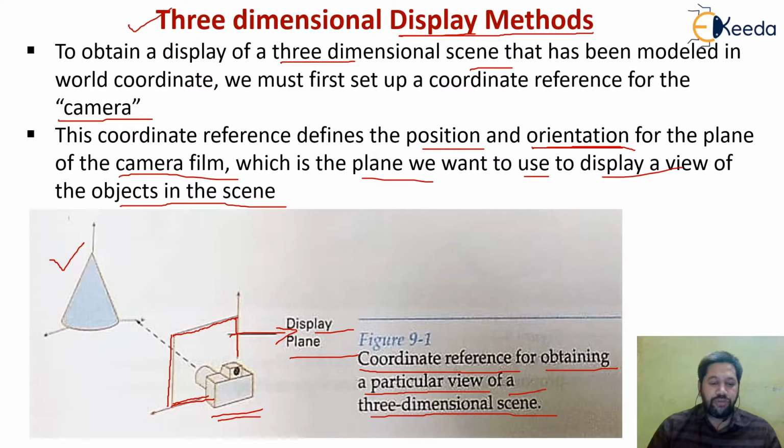The position and orientation of the camera is important, as it forms my display plane, or the window in the world coordinate system. With this discussion, let us move to understanding the types of projection.